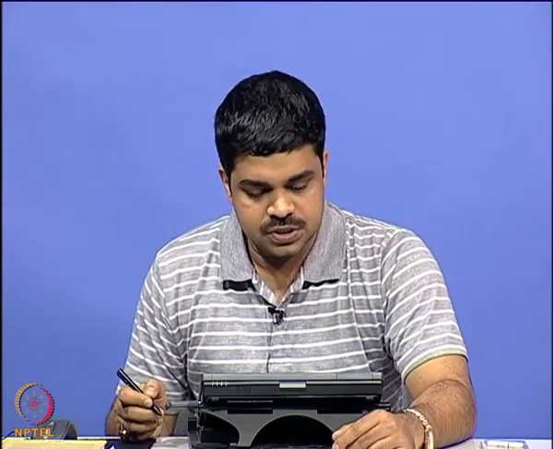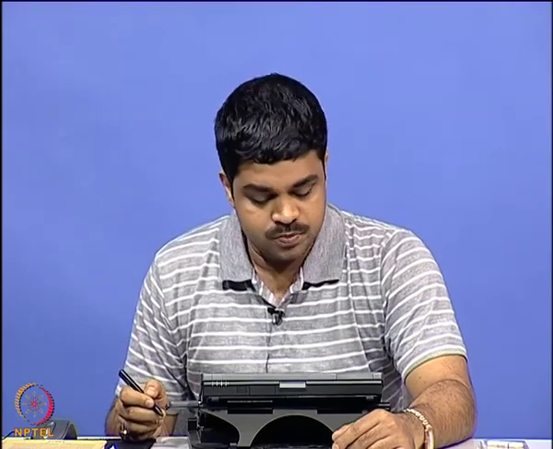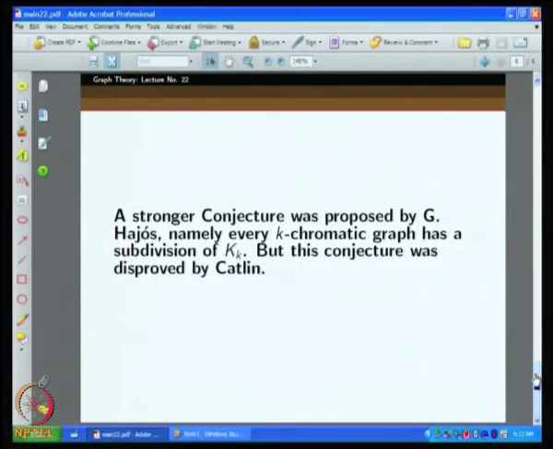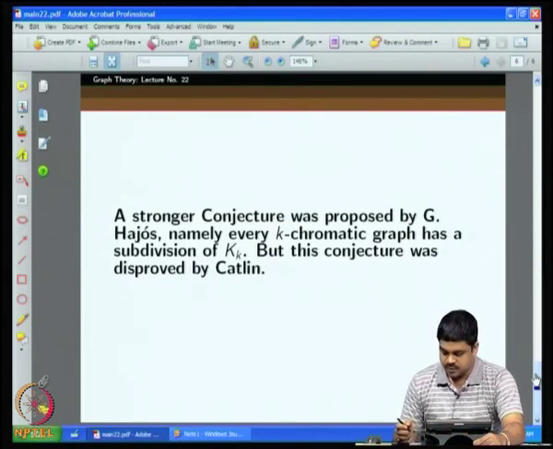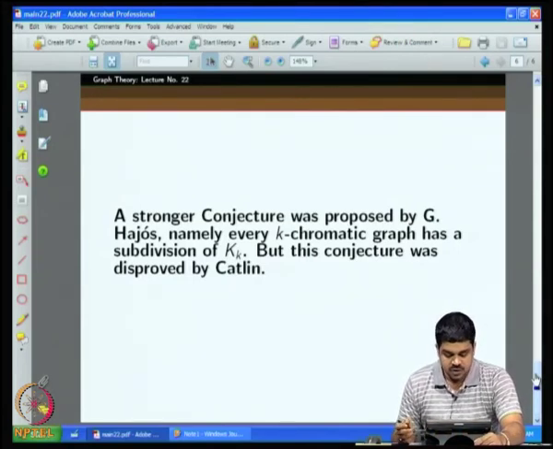But unfortunately, this conjecture is not true, and it was disproved by Catlin. He showed a kind of graph which is k chromatic, but does not have a subdivision of Kk.